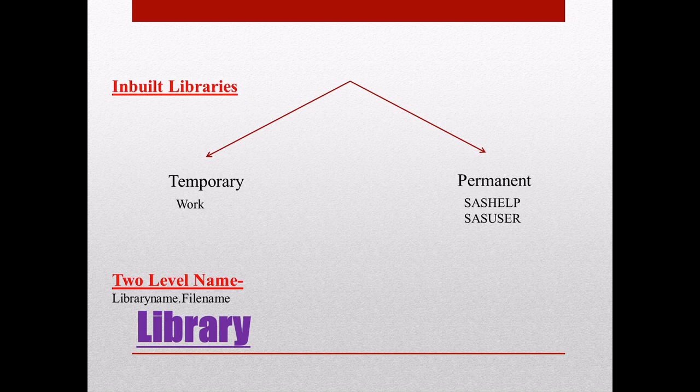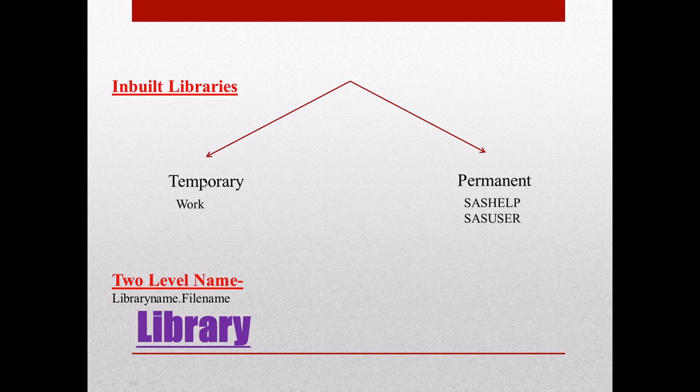So in this video we are going to learn all about libraries in SAS. The collection of one or more SAS files that are stored in the same folder is called a SAS library. There are two types of libraries in SAS: first is temporary and another is permanent.